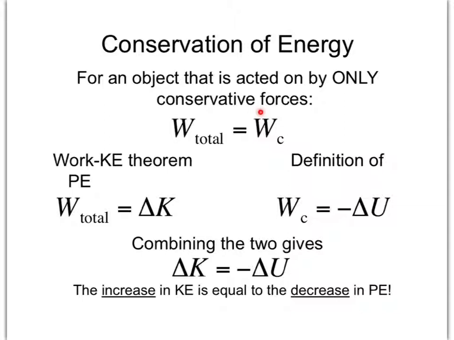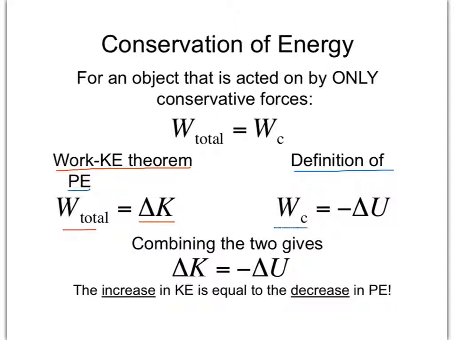Now part of this got messed up a little bit. This is from last chapter, the work kinetic energy theorem, all right? And we said that the total work that is done is equal to the change in kinetic energy, final minus initial. This is the part that got mixed up. The definition of potential energy got skipped to the next line right there.